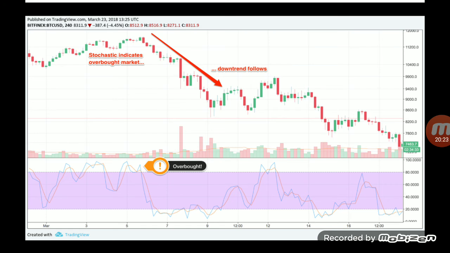If you see after the overbought point in the candlestick chart above, the downward trend started, and price decreased.